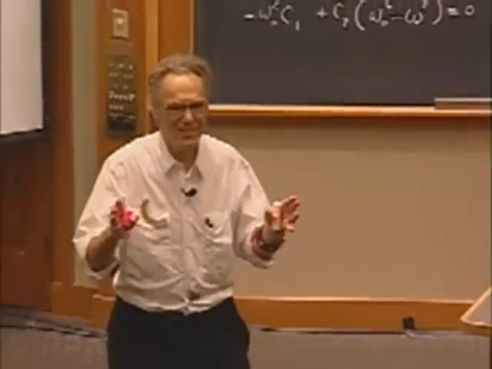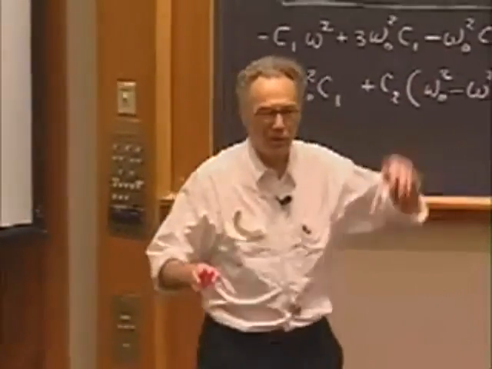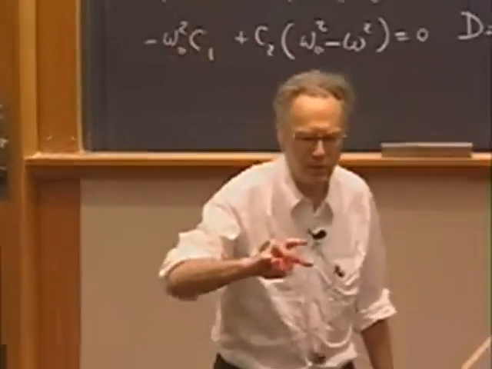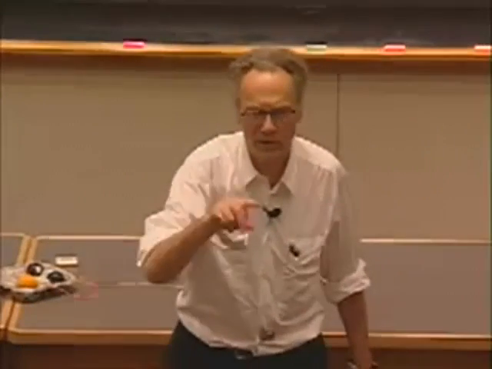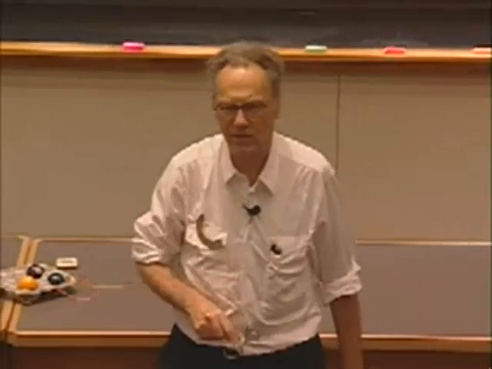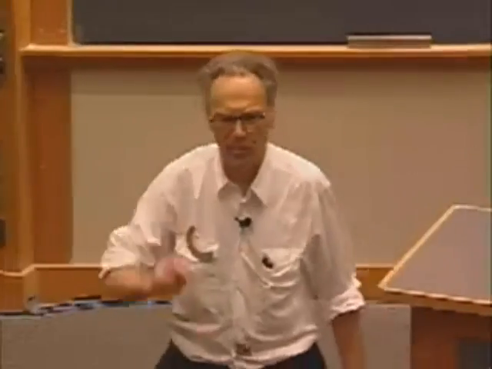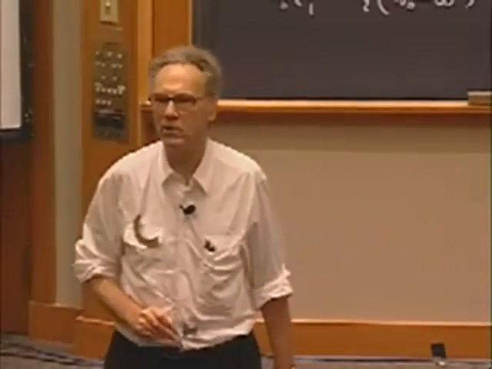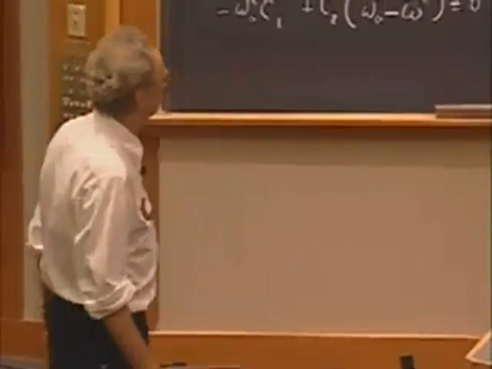That means if omega is a given, that we're going to end up not with 2 equations with 3 unknowns, C1, C2, and omega, but we're going to end up with 2 equations with 2 unknowns, only C1 and C2, because omega is a given. And so in the steady state solution, you get a number for C1 and you get a number for C2, in terms of eta 0, of course. And you will see how that works.